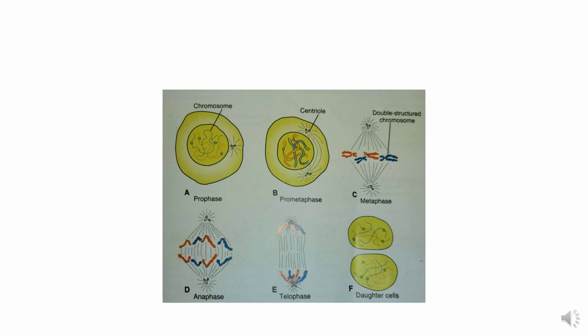As shown over here, it is the mitosis phenomenon. The nuclear material, which is initially present in coiled form, becomes recognizable as chromosomes or chromatid, which develop their copy, replica.